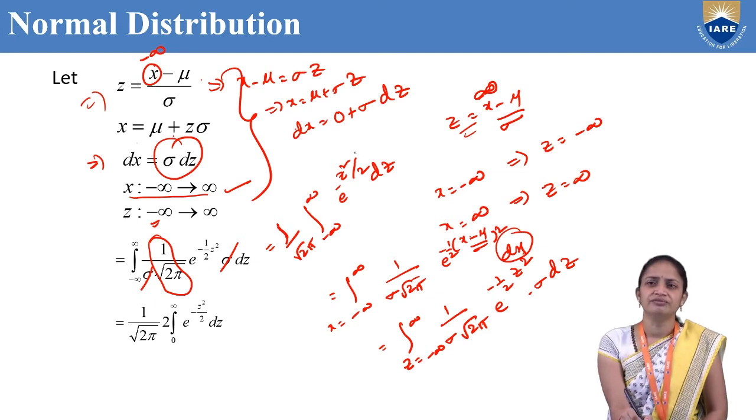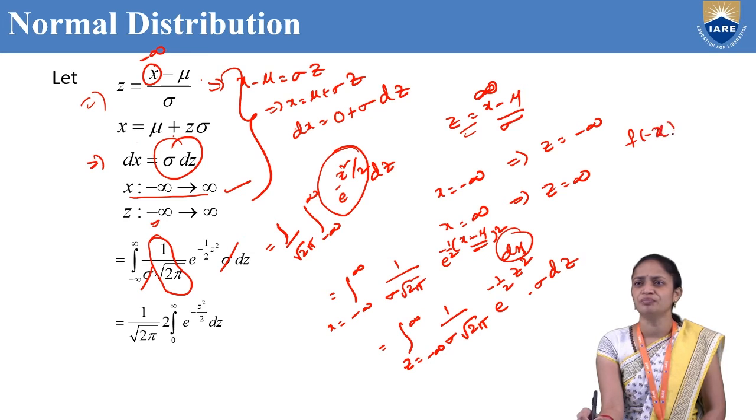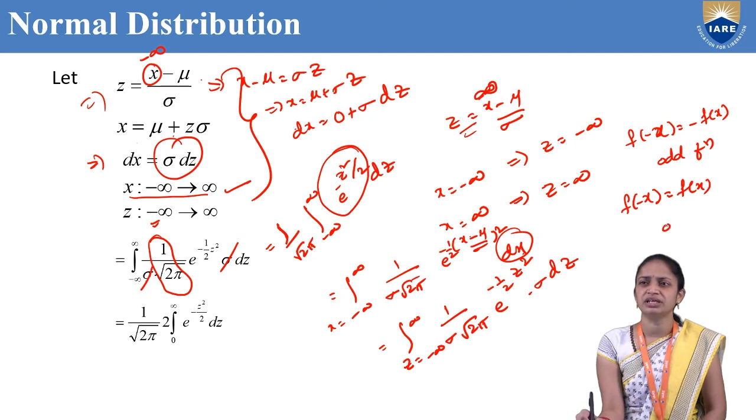Here we need to check whether this function is an even function or an odd function. We know that if f of minus x equals minus f of x, then that is an odd function. If f of minus x equals f of x, then that is an even function.